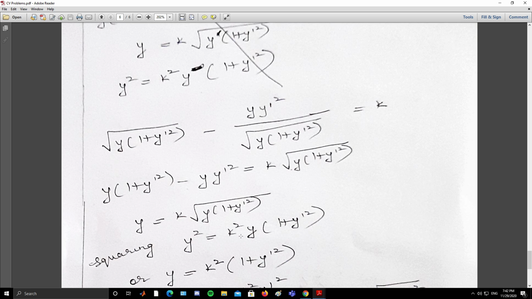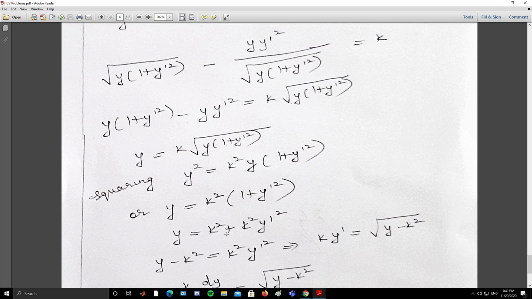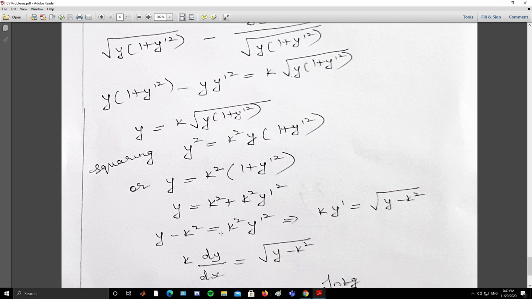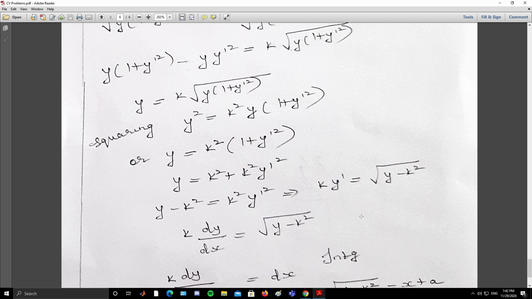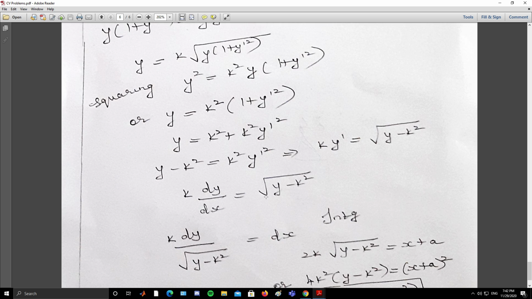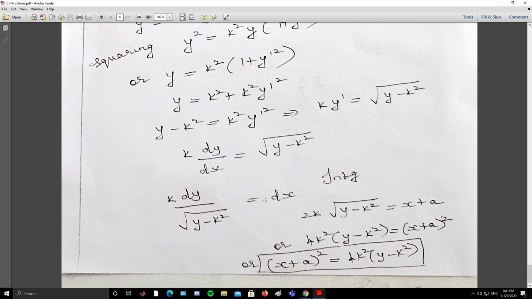Take y dash terms to the left side. So k square y dash square equals y minus k square, or k y dash equals root of y minus k square, or k into dy by dx equals root of y minus k square. Separate the variables, y terms left side, x terms right side.